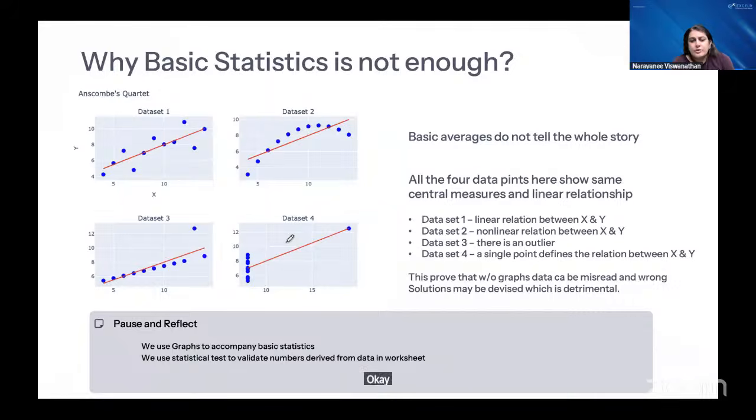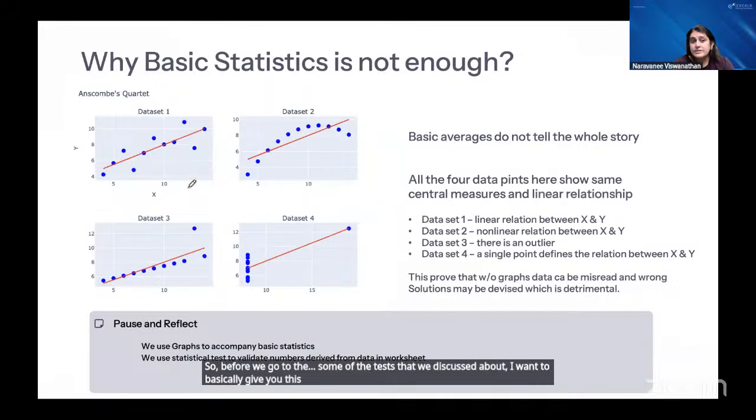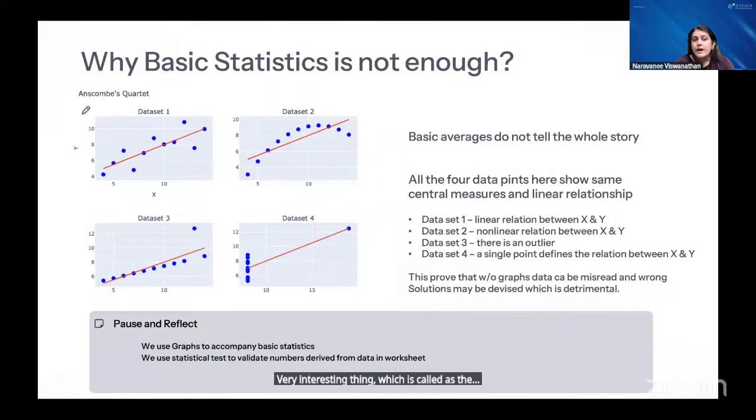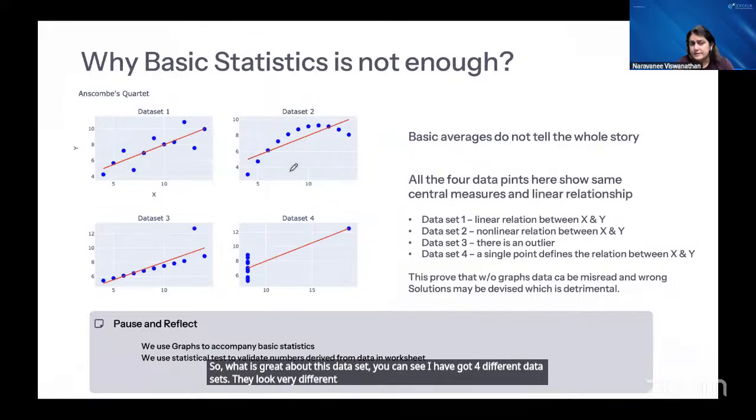Okay. So we are going to do statistics in Excel now. Before we go to some of the tests that we discussed, I want to give you this very interesting thing called Anscombe's quartet. What is great about this data set? You can see I have 4 different data sets. They look very different on graphs, correct?